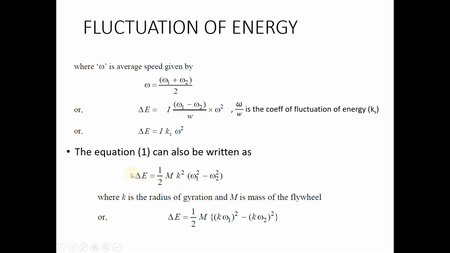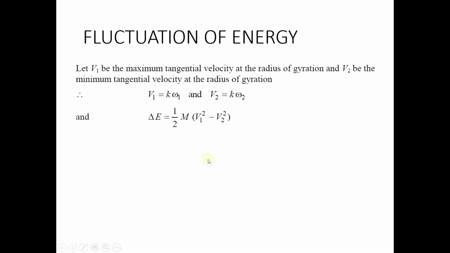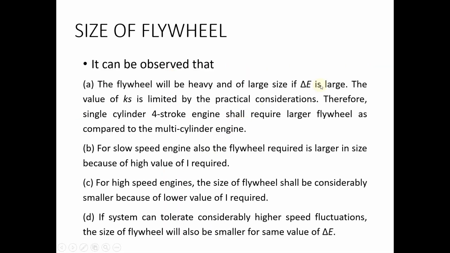So if fluctuation of energy is very high, we cannot vary Ks beyond a particular value. So we have to vary the value of m. If we are varying the mass, it means the size and the weight of the flywheel will be varied. So for higher fluctuations, larger flywheels will have to be used.